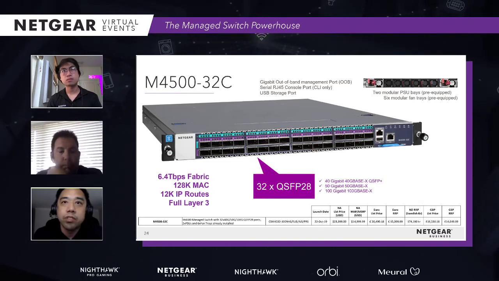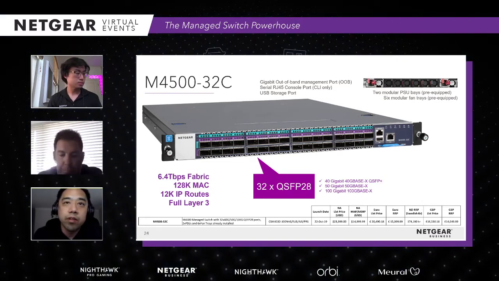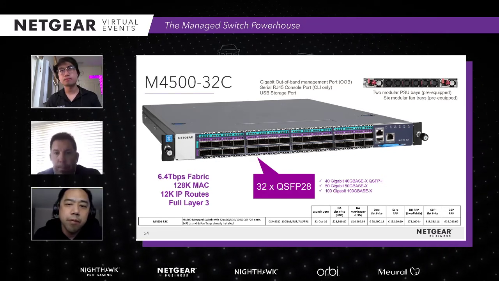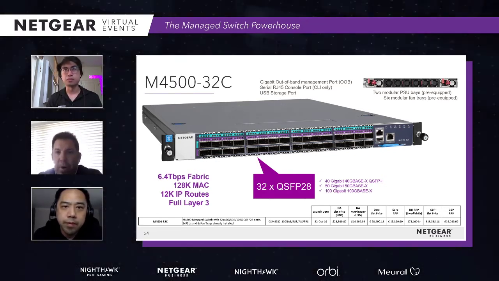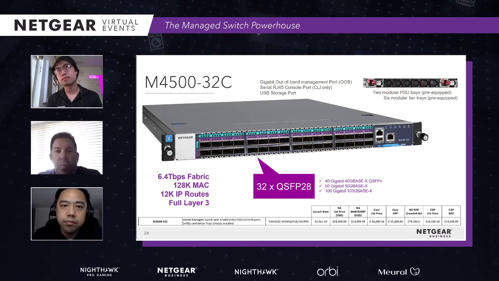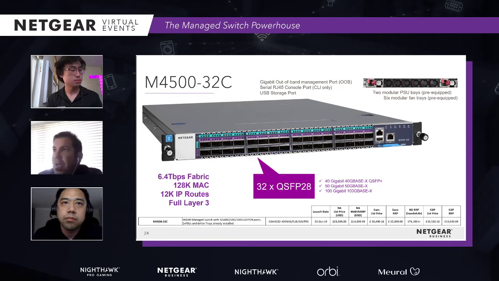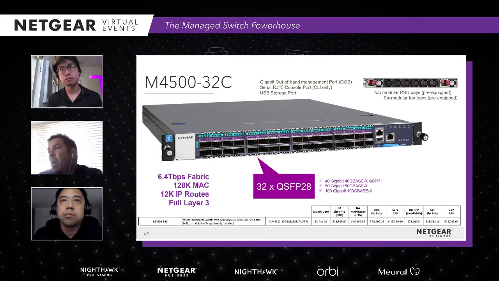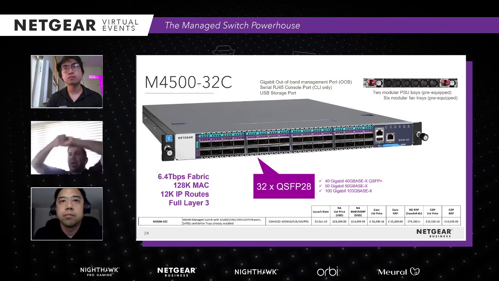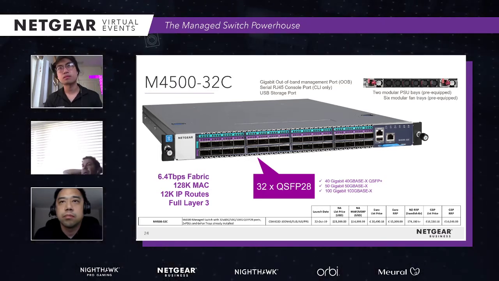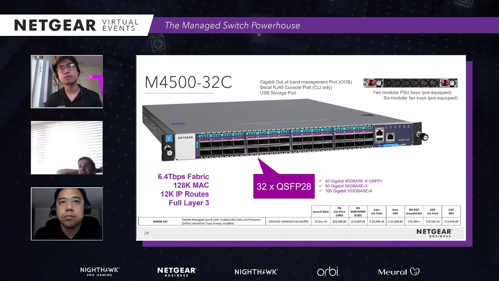This is great for core. If you were to get a pair of these, it'll pair well with a spine and leaf topology. For sure. In fact, the reason we came out with these switches initially is for the Pro AV market. I won't get into Pro AV today, but it's a big initiative for us.